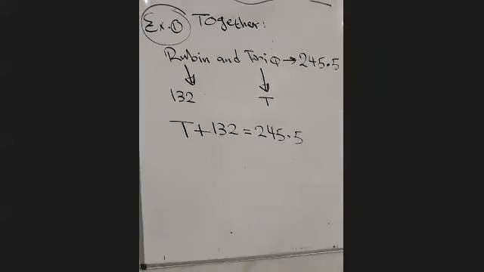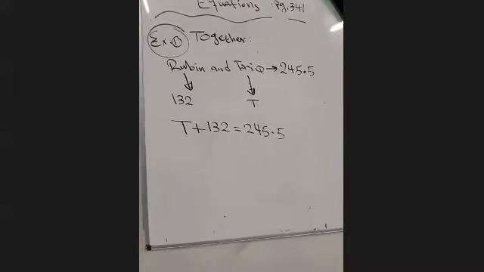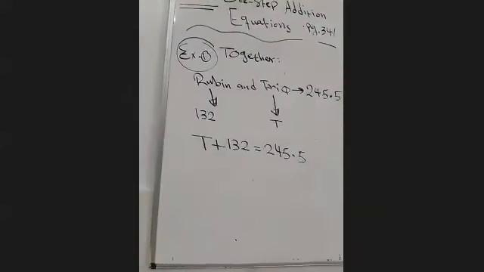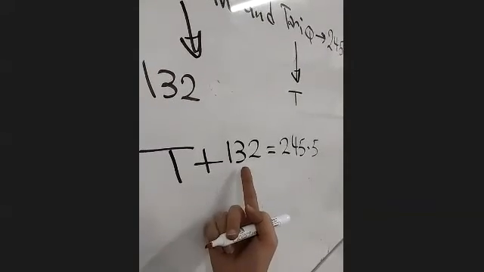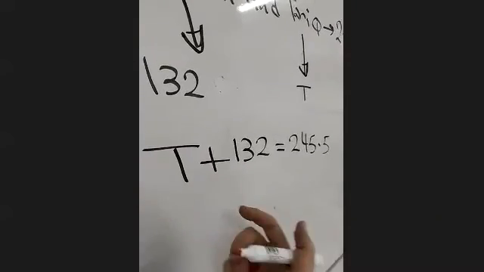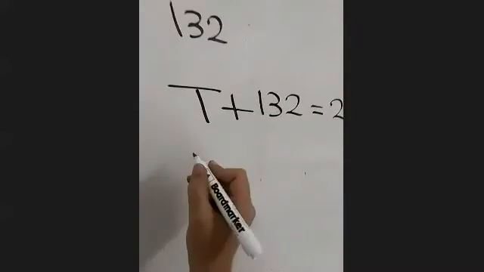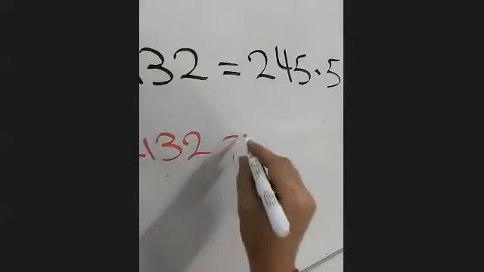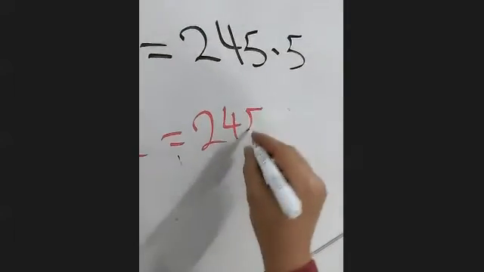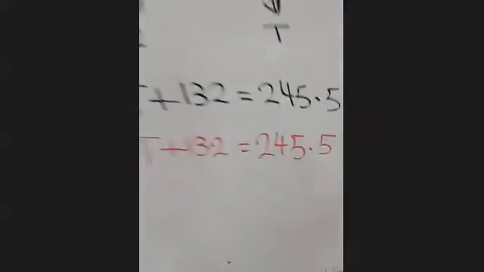Now let's solve it depending on our introduction, which I erased. Now here, where is the variable T? T is unknown. I want to get rid of the connected number, which is 132 plus. So let's rewrite the equation. T plus 132 equals 245.5. Now, how will I get rid of it?